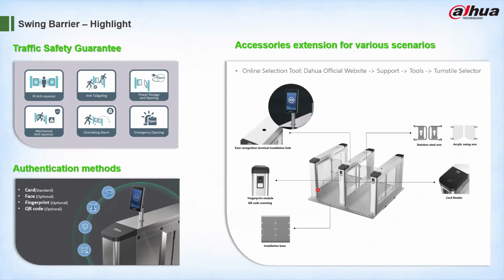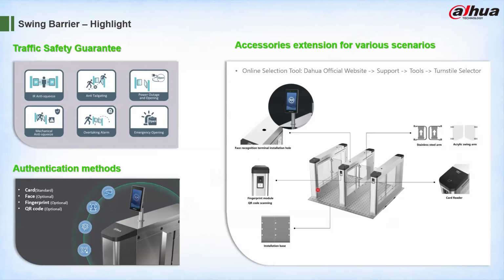Then we have mechanical anti-squeezing. So you cannot force yourself through because it will sound an alarm. Then the overtaking alarm can also be identified by this swing barrier. At the same time, we have emergency opening. If some kind of emergency happens, to reduce the cases of stampede, it can open for people to pass through.